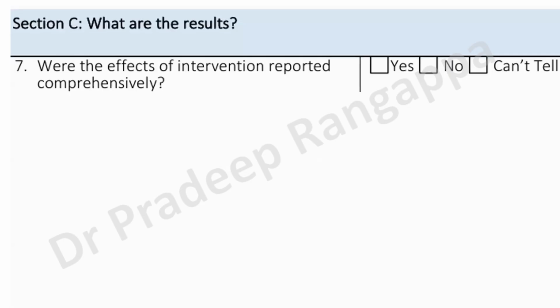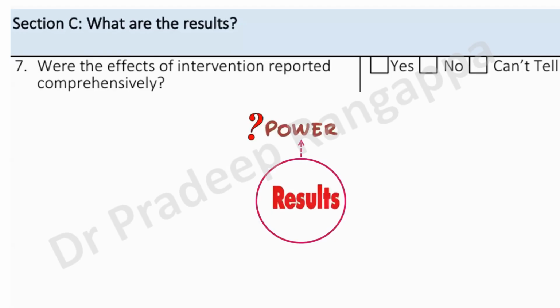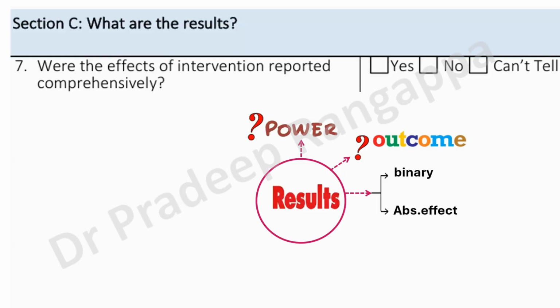Then the seventh question, which is section C, is, were the effects of intervention reported comprehensively? So we go into the results. When we talk about results in your RCTs, you have to see whether the study was adequately powered to answer the questions that you have put in mind, and whether the outcomes that were hypothesized, or that were meant to be looked at, were looked at at the end of the study, and whether the binary outcomes and the absolute effects both were looked at.